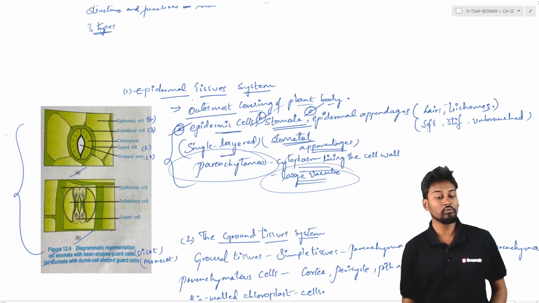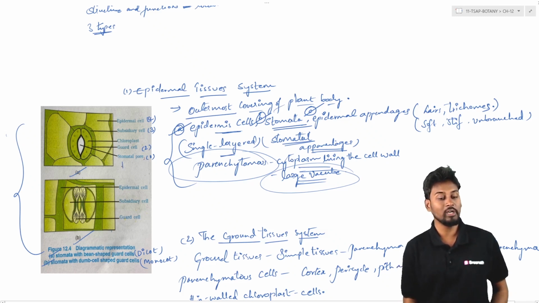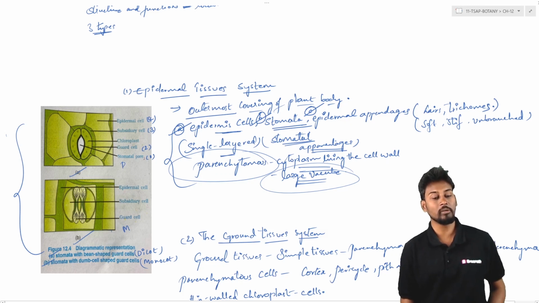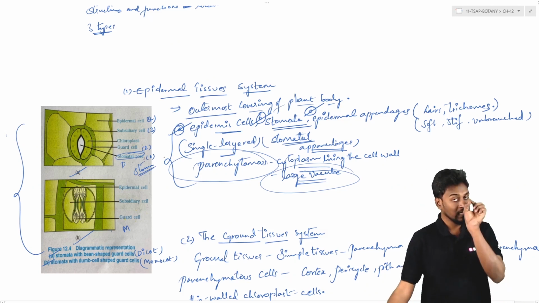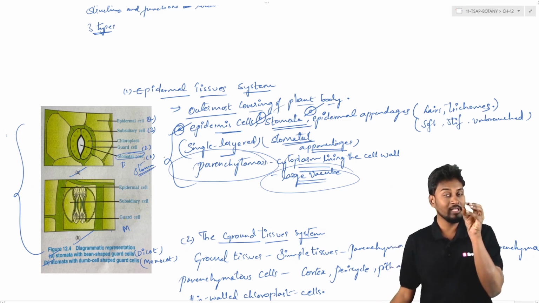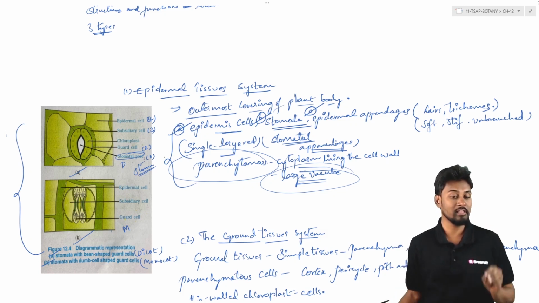In this, the complete apparatus is clearly shown: the top one is dicot and the bottom one is monocot. Here we can see the stomatal pore. The stomatal pore is also called stoma. The stoma is an opening, a structure which opens and closes for the exchange of gases.